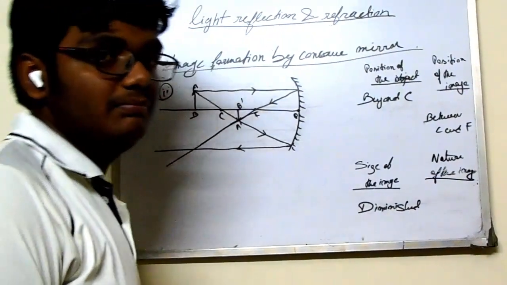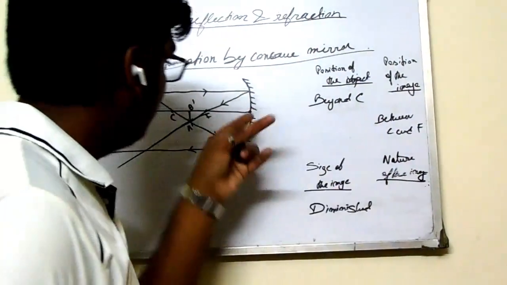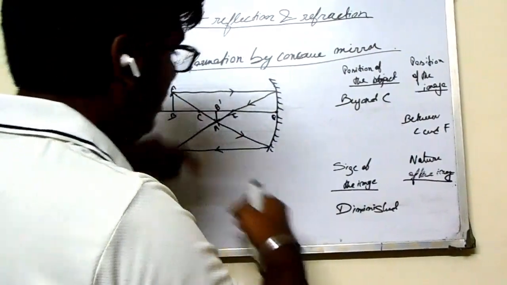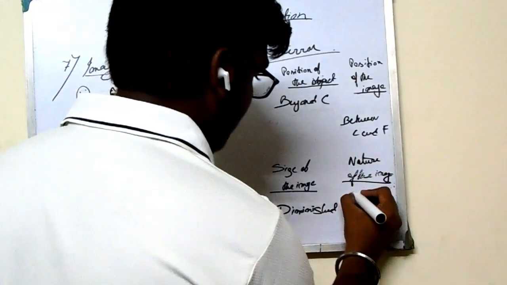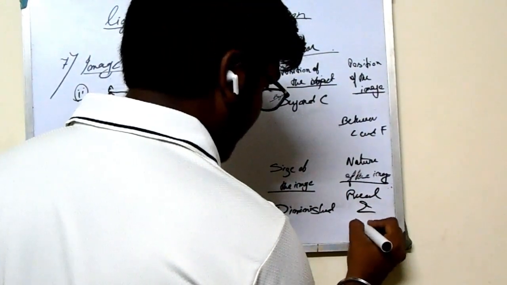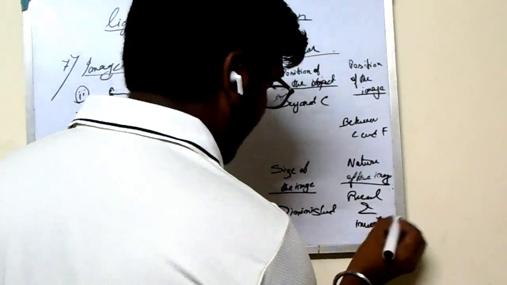Nature of the image real and inverted, as it is inverted, real and inverted. Now we will go for the third condition.